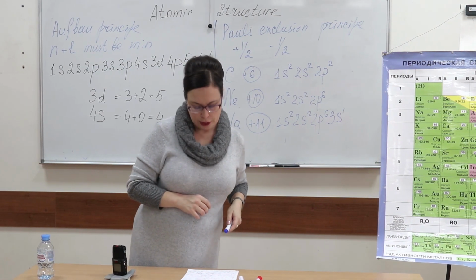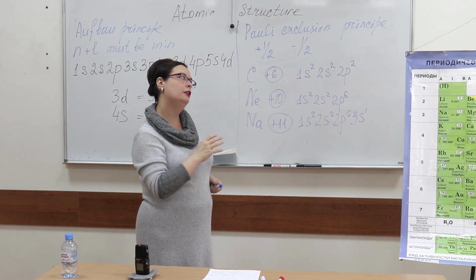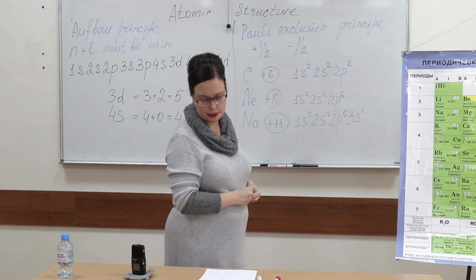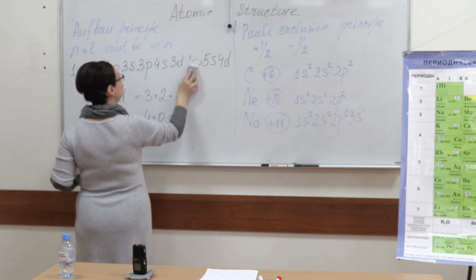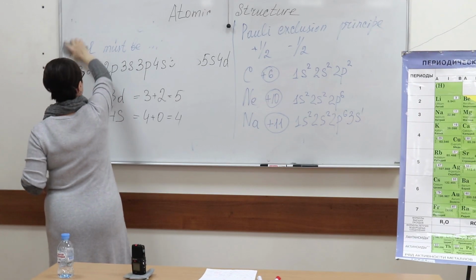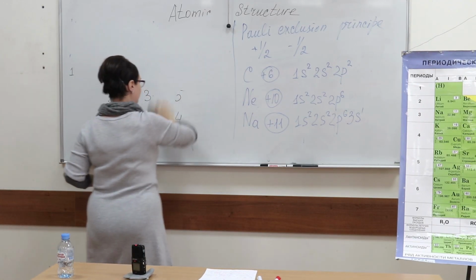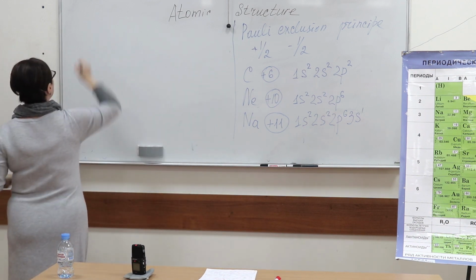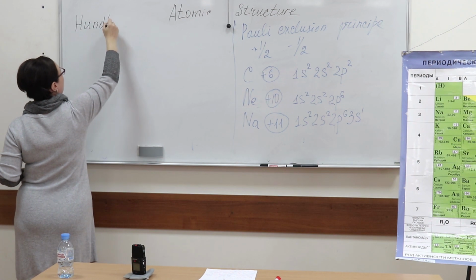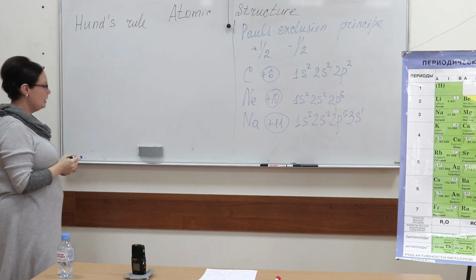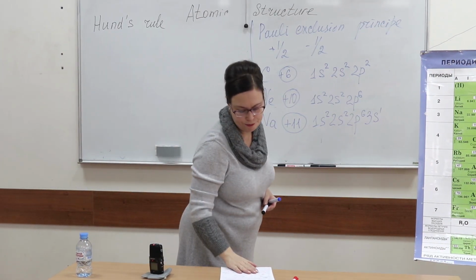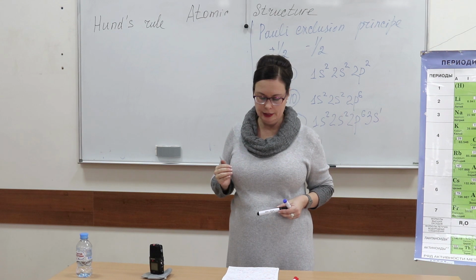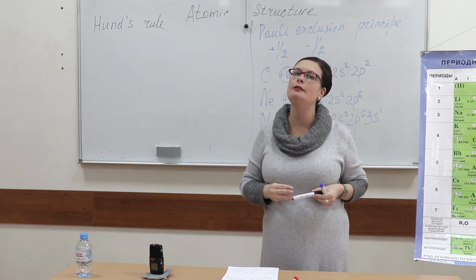And the third principle, which we need to take into attention when we consider the distribution of the electrons in the atom, is Hund's rule of maximum multiplicity. The electrons distributed on the orbitals must have maximum parallel spins.